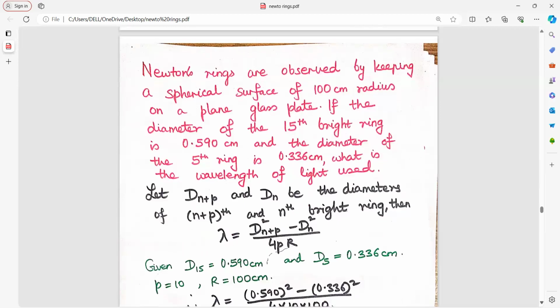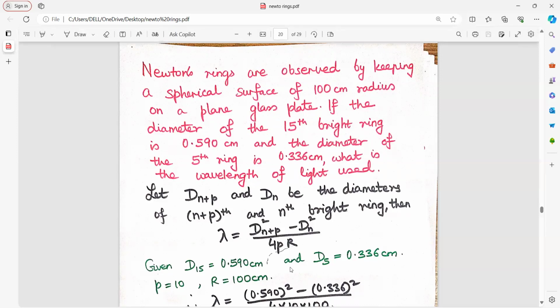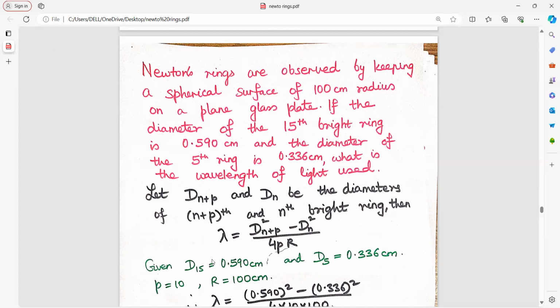Newton's rings are observed by keeping a spherical surface of 100 centimeter radius on a plain glass plate. If you have been given the diameter of the 15th bright ring and the diameter of the 5th ring, what is the wavelength of light? Very simple. Lambda is D(n+p) square minus Dn square upon 4pR. D15 has been given to me as 0.590 centimeter.